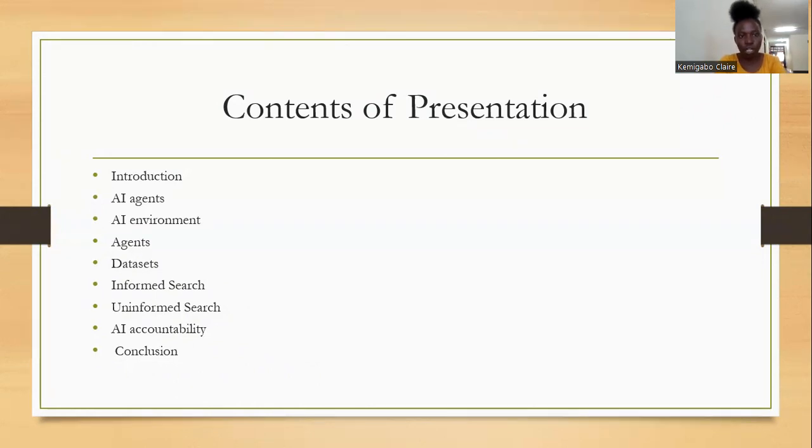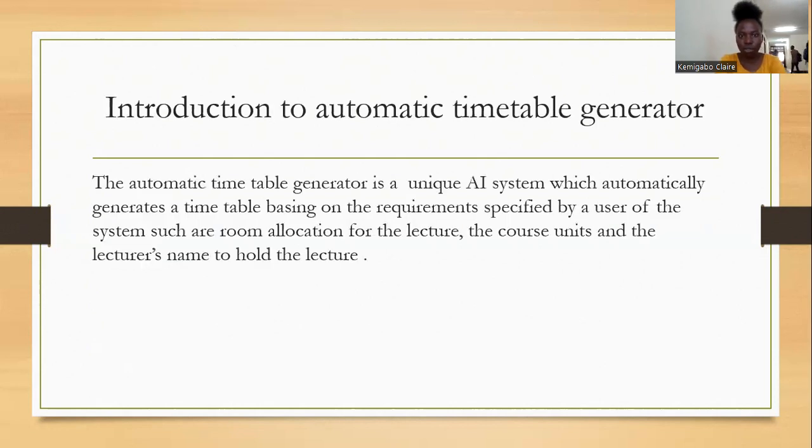I'll talk about the introduction, AI agents, AI environment, the agents, database, datasets, informed search, AI accountability, and then conclusion. So to go to the introduction, the automatic timetable generator is a unique AI system which will automatically generate timetables based on requirements that you have given to it.